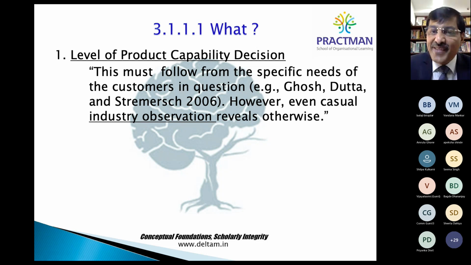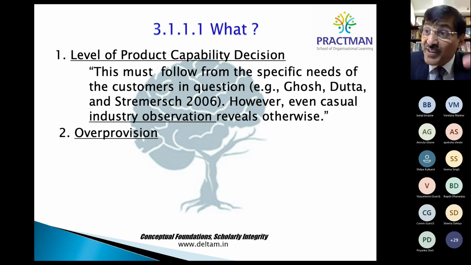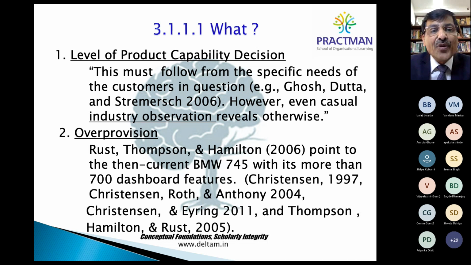But they say, however, even casual industry observation reveals otherwise. That means many companies over design the product. So this is where they have answered that first question. What are we studying? We are studying the phenomenon of over provisioning by providing a variety of evidences.